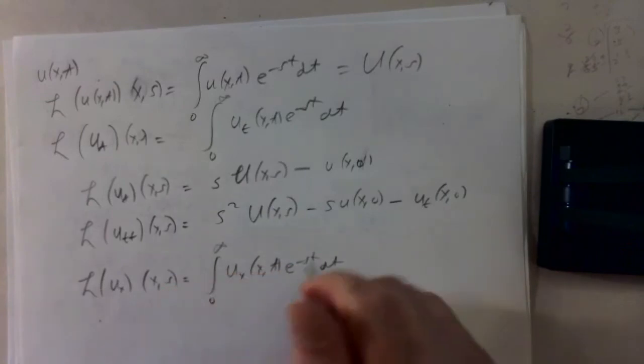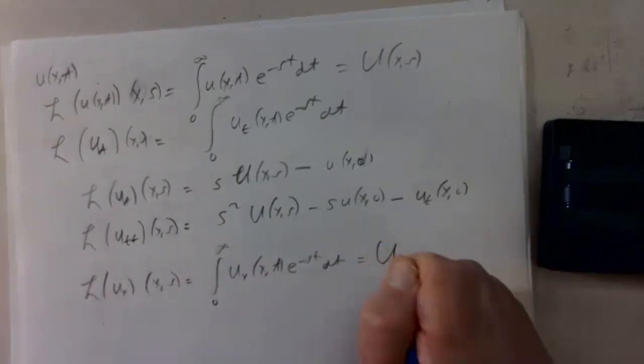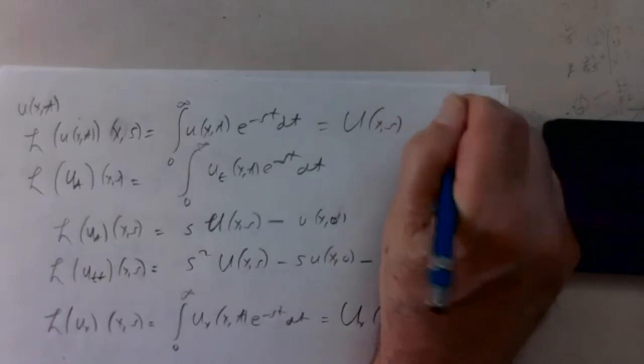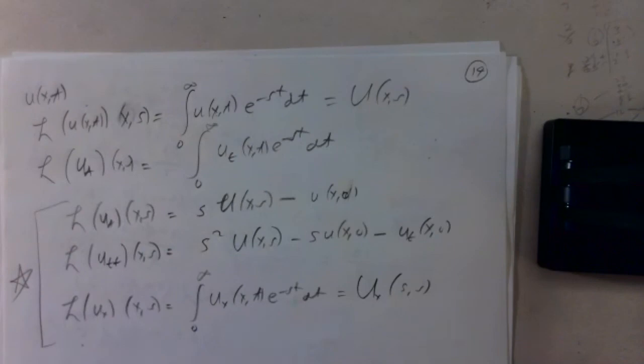Just take the derivative outside, you get U sub x of x, s. So these are all theorems, and maybe I'll prove them on Wednesday, but it really is exactly the same proof as in the one variable case.